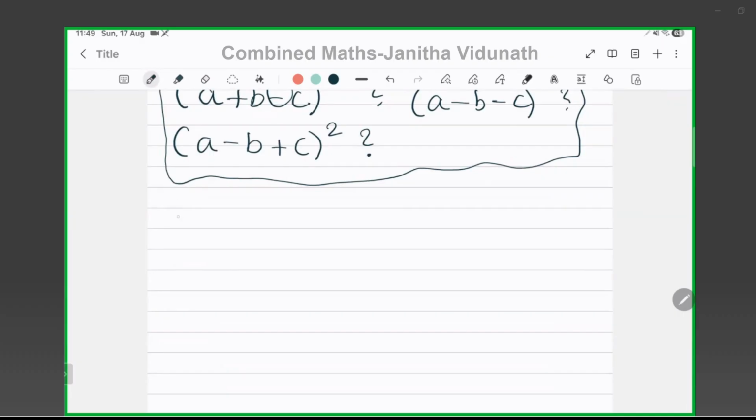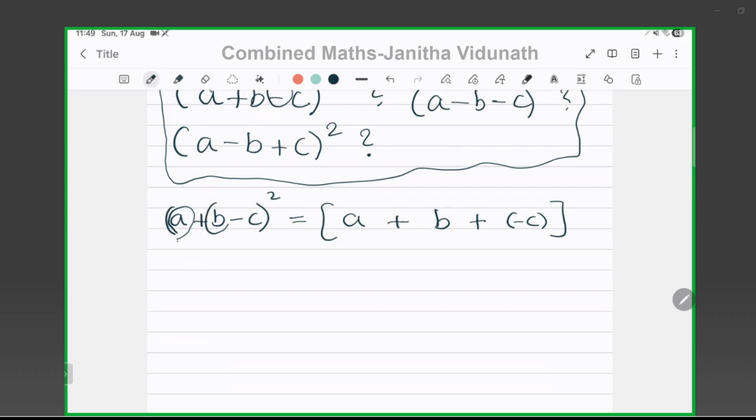Here think we have (a + b - c) whole square. Here we can think of this as a plus the second term plus the third term as minus c. Let me repeat. Here, our first term is a. Then we have a plus sign.